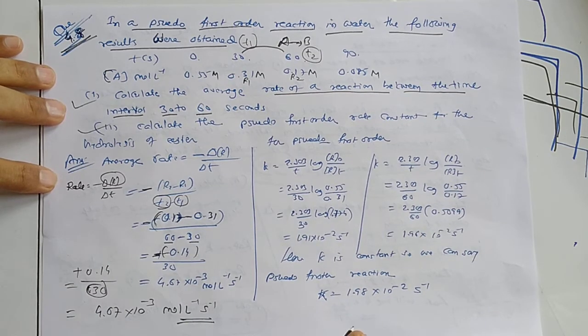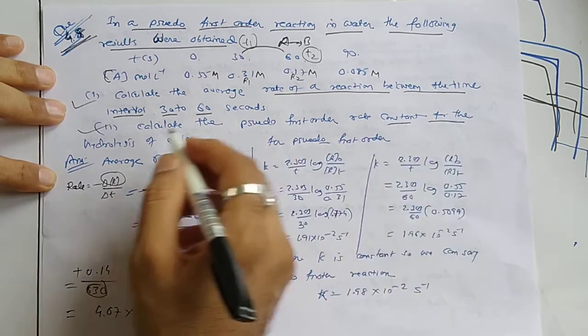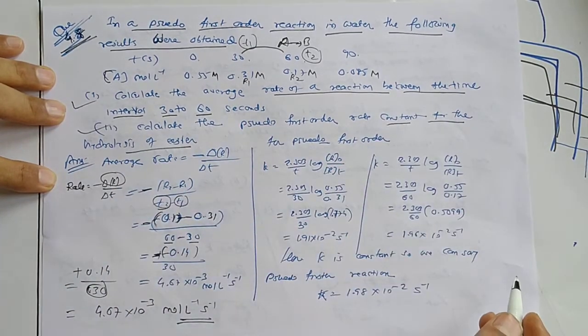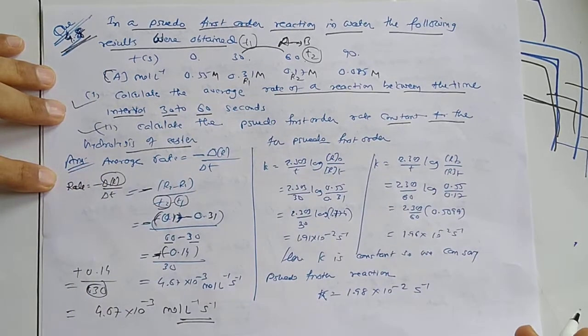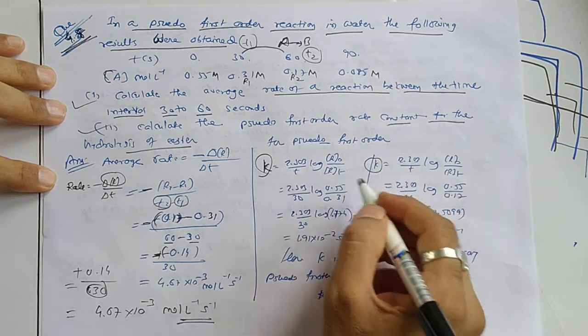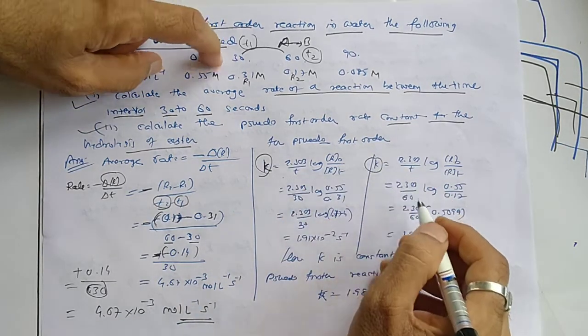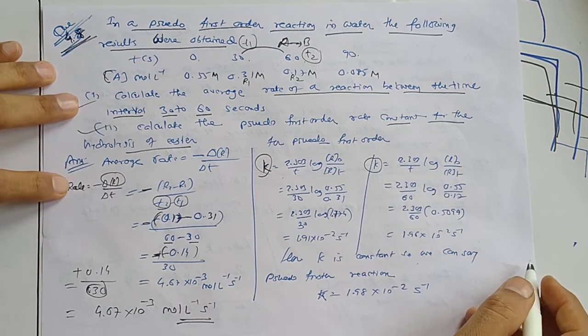Now, calculate the pseudo first order rate constant for the hydrolysis of ester. This reaction is first order, pseudo. How can we say? We have to derive the value of K. If both values are the same, then we can say our reaction is first order.